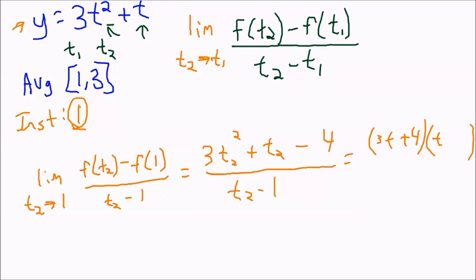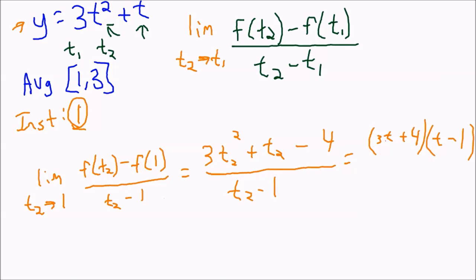So I should be able to do that with a positive 4 and a negative 1. So 3t plus 4 times t minus 1.